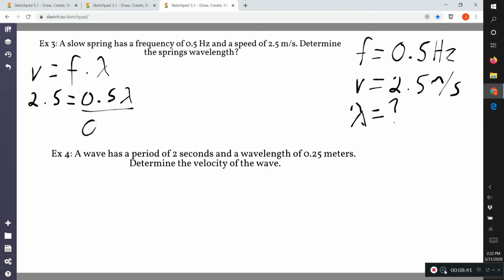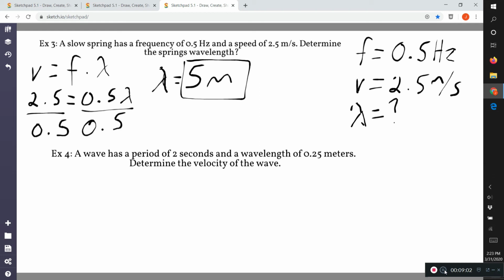Just like every other algebra equation that looks like this, we divide by 0.5. Now I'm going to get 5 for my wavelength. And wavelength is measured in meters. So that means this spring's wavelength is 5 meters.